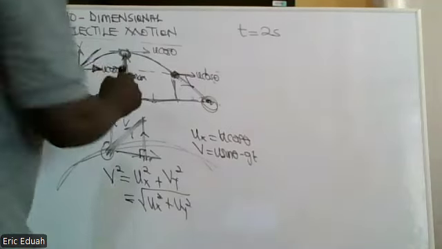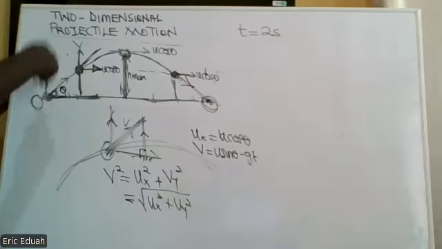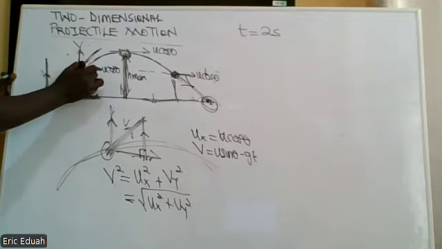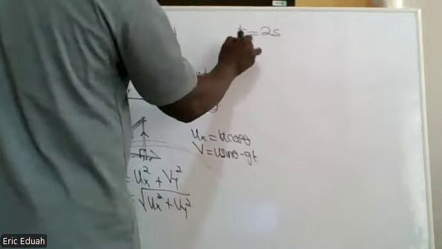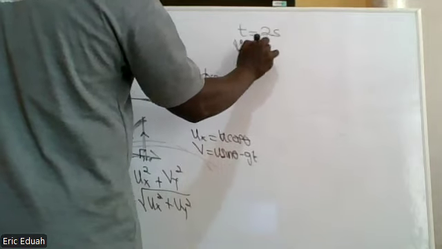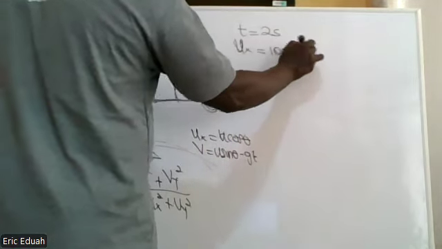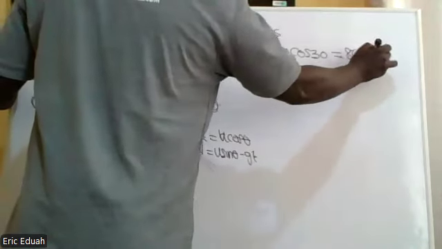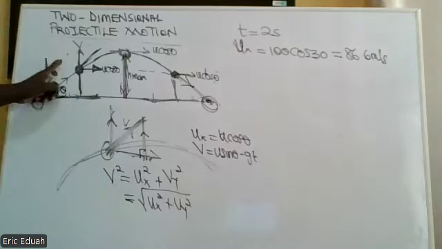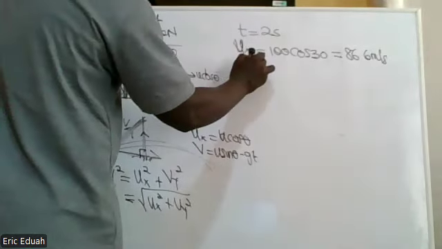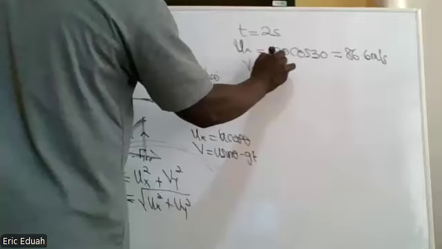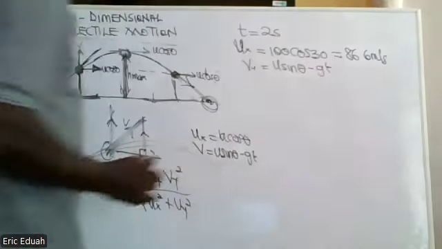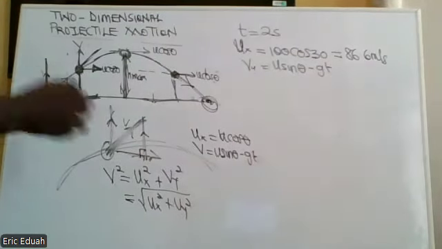Okay. So at 2 seconds, because it is not at the maximum height, there will be two different aspects of velocities. The constant horizontal one, which is 100 cos 30, and this is 86.6 meters per second. And then the vertical one, which depends on time, u sine theta minus gt. At 2 seconds, it's not at the maximum height yet.